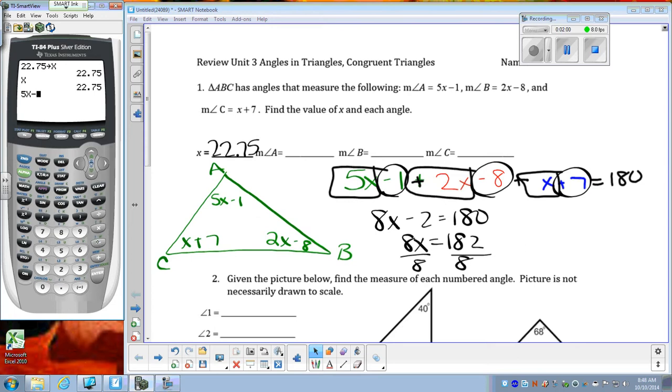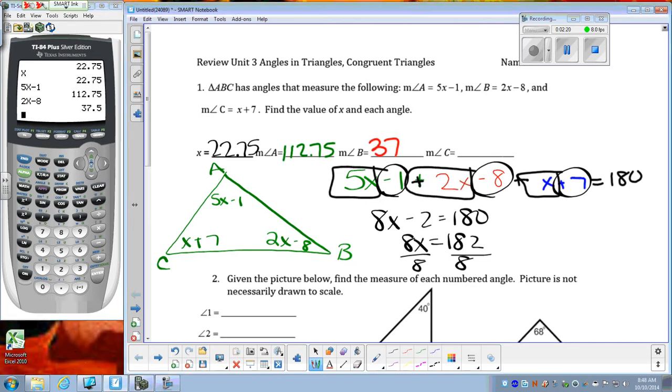So then I'm going to use that to find A. 5x minus 1, and I can use x because the calculator knows x is 22.75. So I know that A is 112.75. B, 2x minus 8, B is 37.5 degrees.